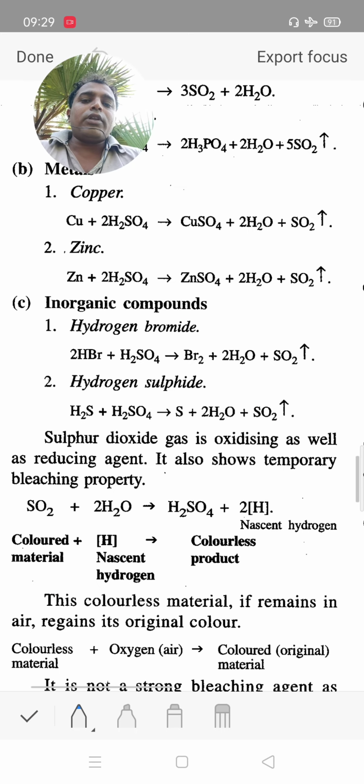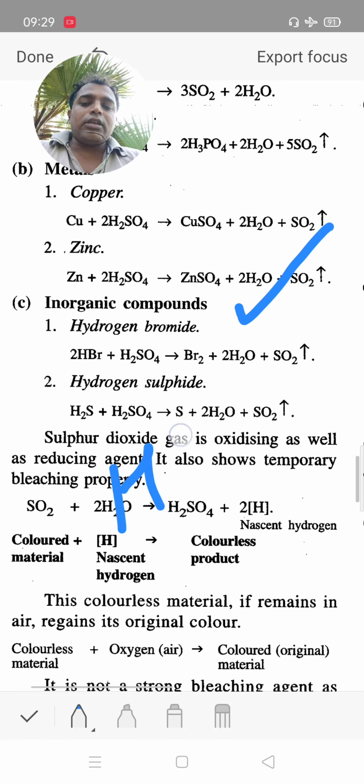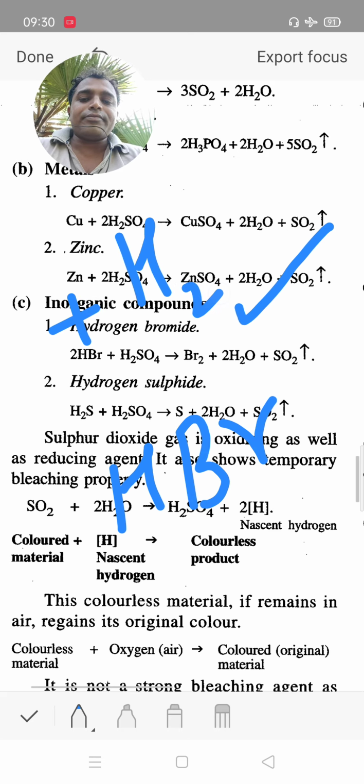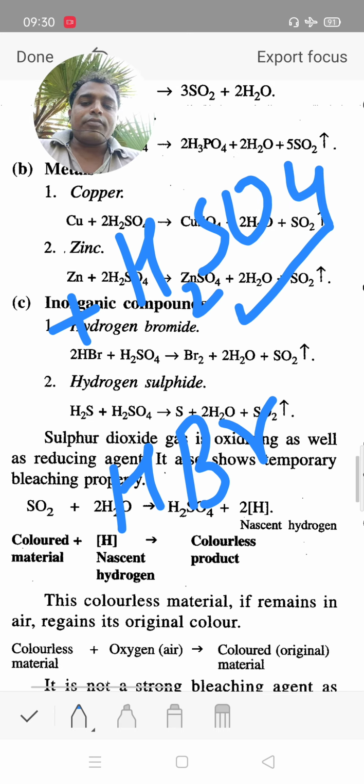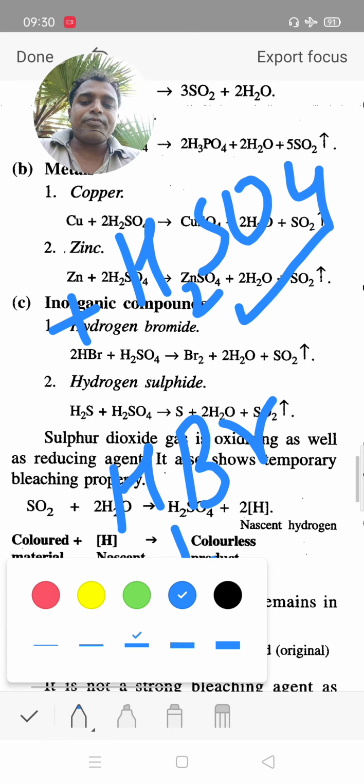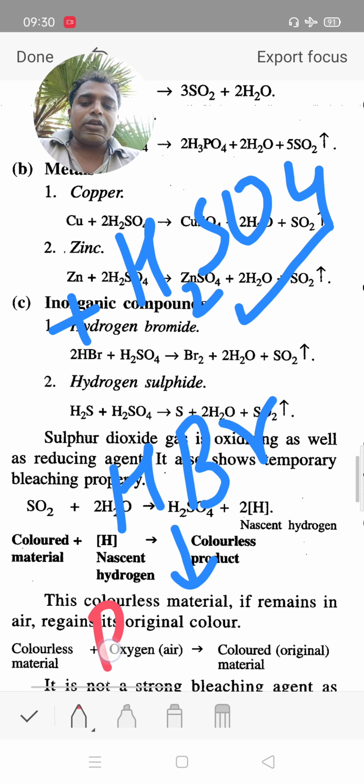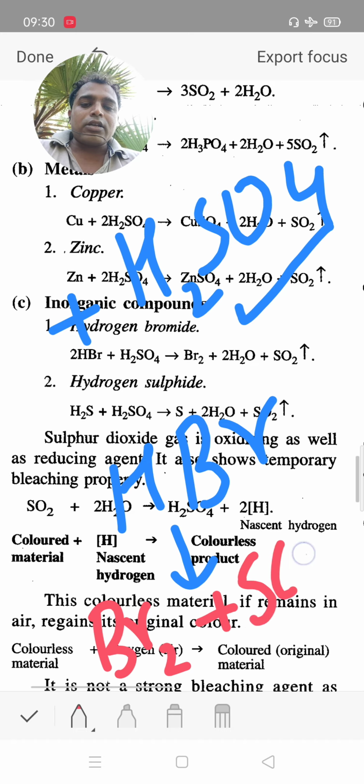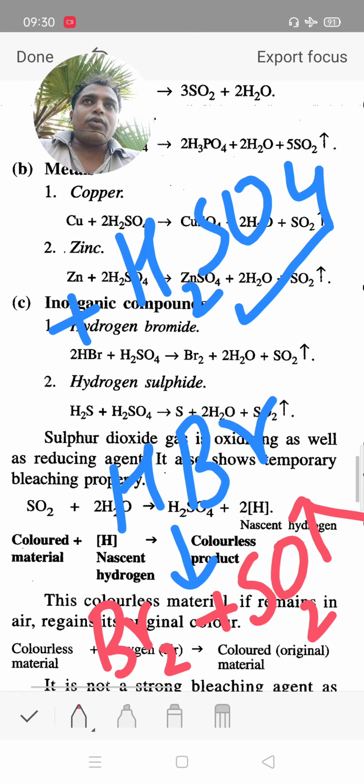Now sulfuric acid reacts with an inorganic compound like hydrogen bromide. When it reacts with hydrogen bromide and sulfuric acid, in this reaction it gives bromine gas and sulfur dioxide evolves. We have Br2 in the product, having 2 Br, therefore we are using 2 times HBr.